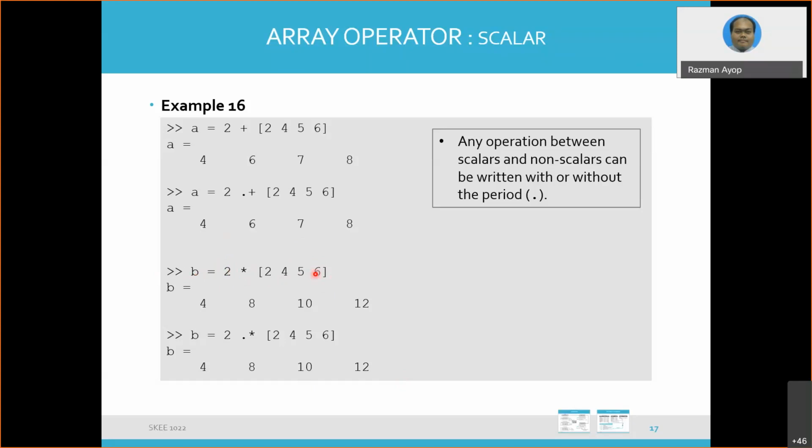For scalar it is just the same. So 2 multiplied by a matrix, you will multiply everything inside. For array operation, which is represented with dot, it's also the same. So try with your MATLAB.